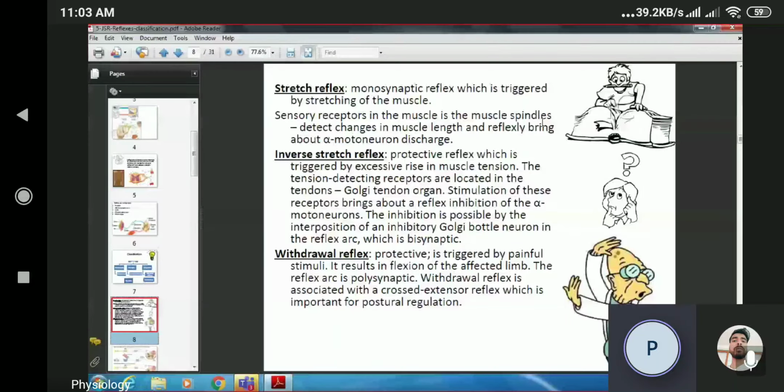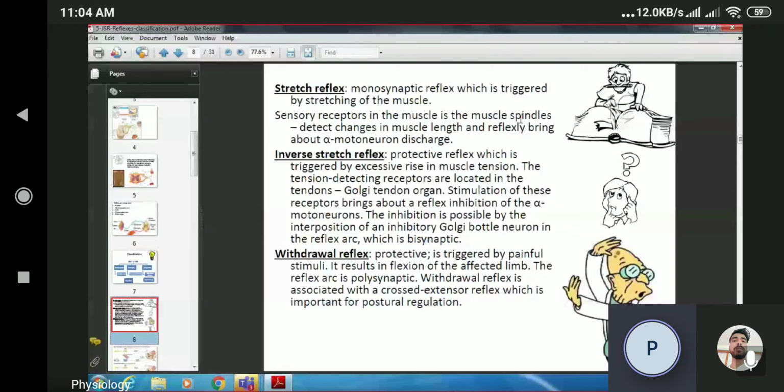You must remember this. It detects changes in muscle length and reflexly brings about alpha motor neuron discharge. Another is the inverse stretch reflex. It is a protective reflex, which is triggered by excessive rise in muscle tension.